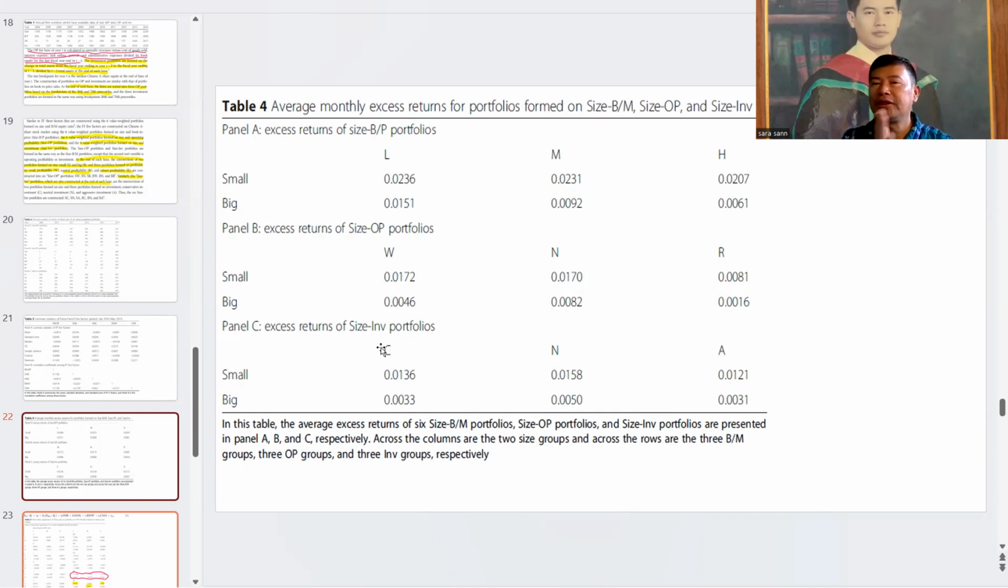This is how to read the table and select investing in a portfolio. Okay, so this is research from Fama and French, from a lot of authors who take the Fama and French 5-factor model. This is the 5-factor model, but it was applied in the Shanghai Stock Exchange. So people who love investing in the security market, you can read the Fama and French journal and follow his guide. Okay, go to another slide.